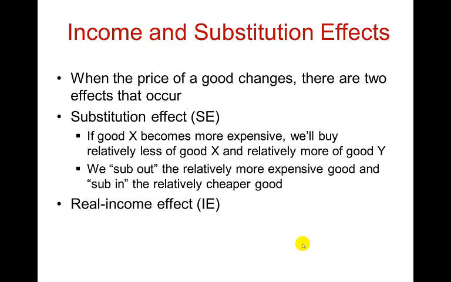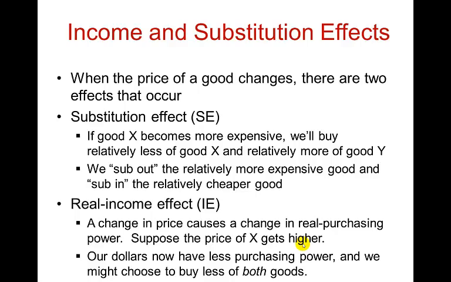The substitution effect is: if good X becomes more expensive, we're going to buy less of good X and relatively more of good Y. That is due to the change in the relative prices of the two goods, the change in the slope of the budget constraint. So we're going to substitute away from the relatively more expensive good and into the relatively cheaper good.